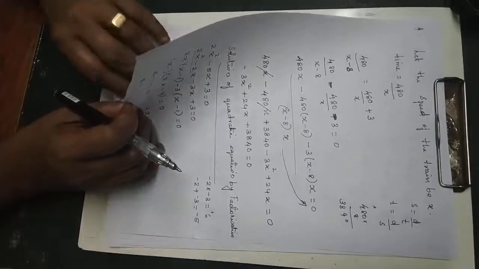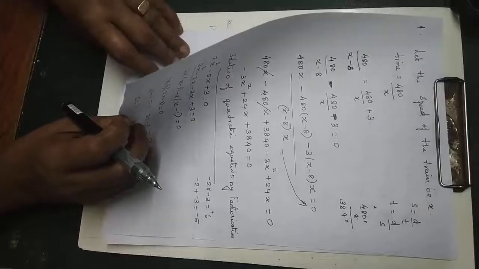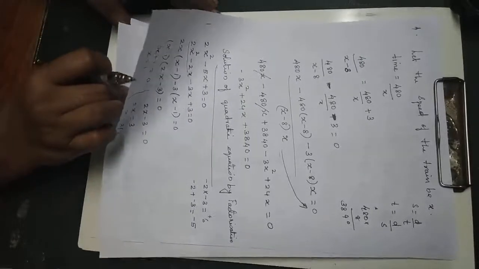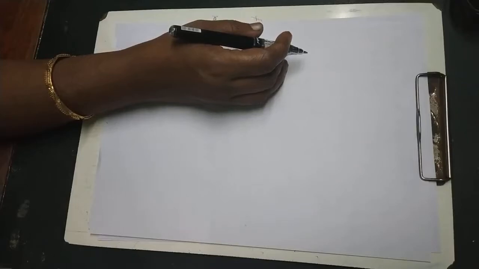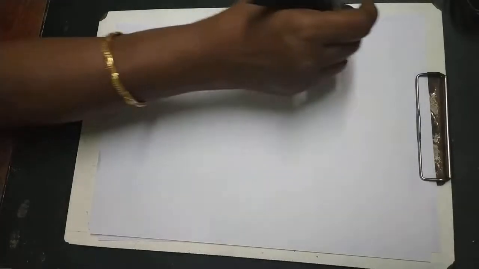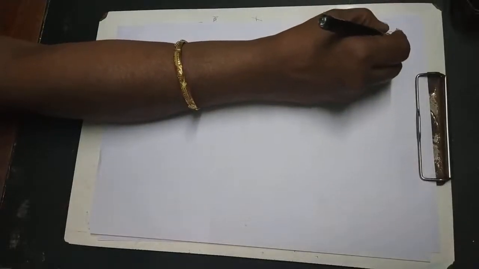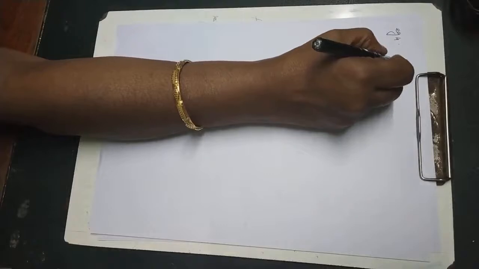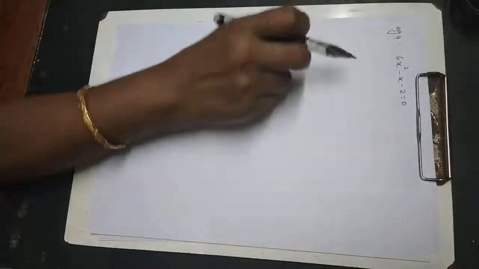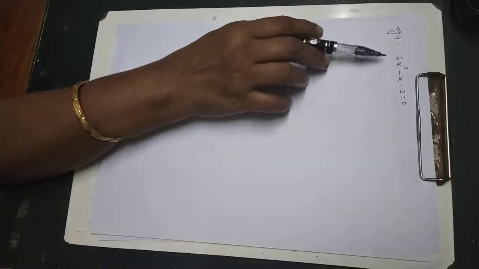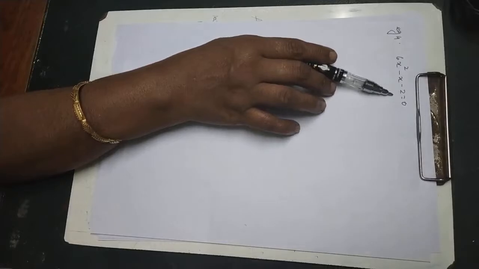Now the second one. Example 4. Find the roots of the quadratic equation 6x square minus x minus 2 equal to 0. Again here also the same method we are following, factorization by splitting the middle term.